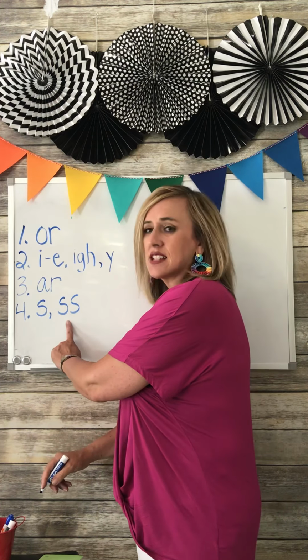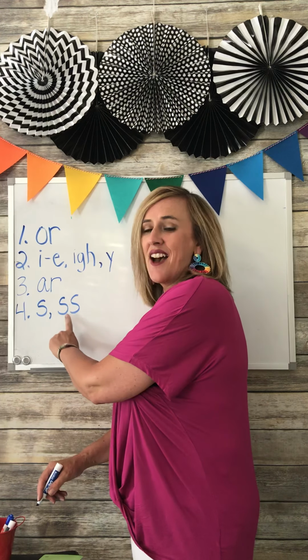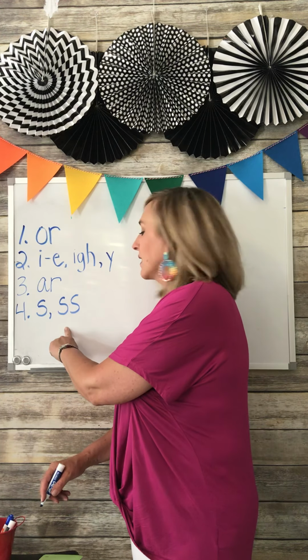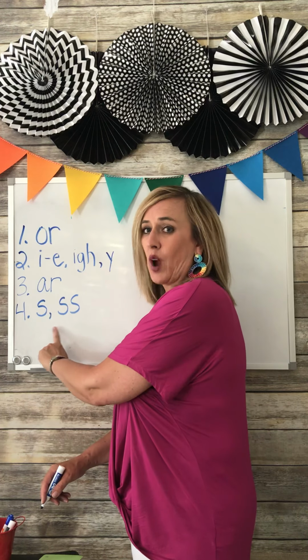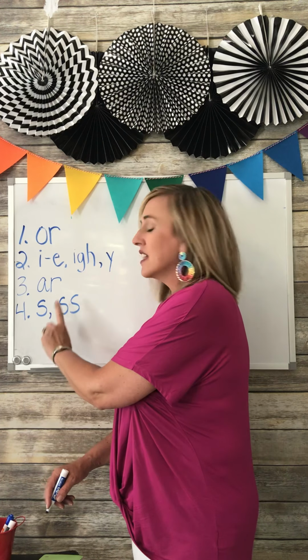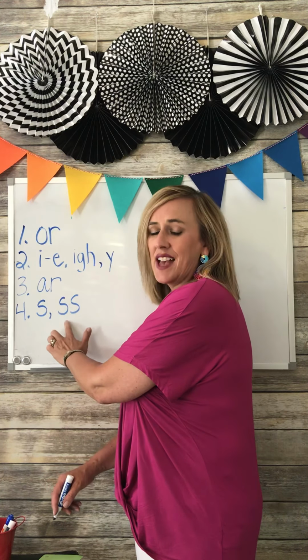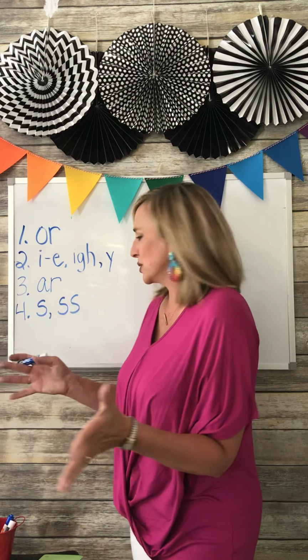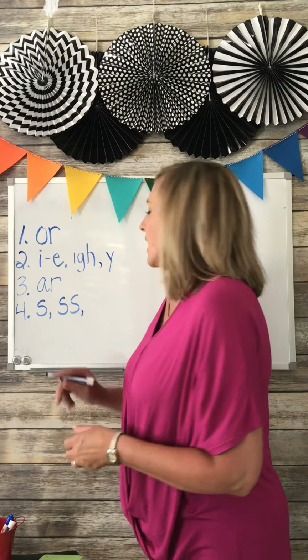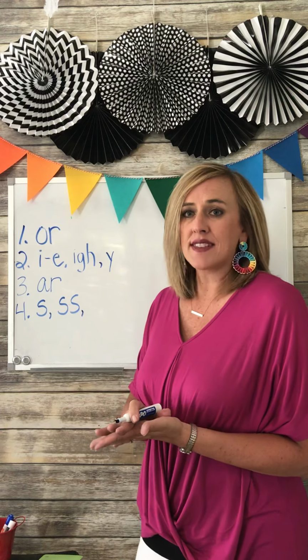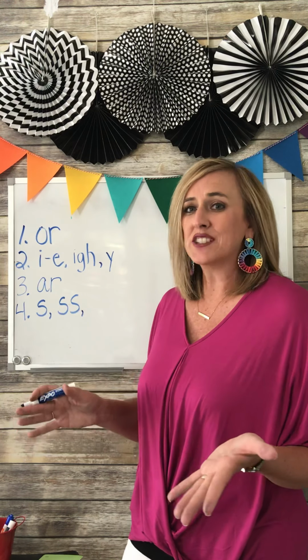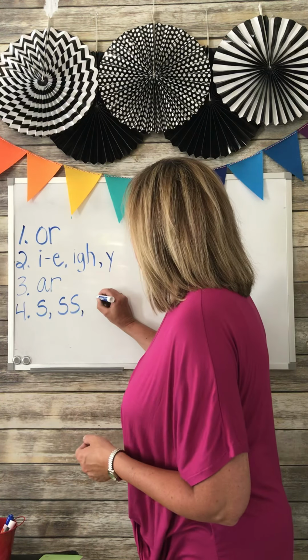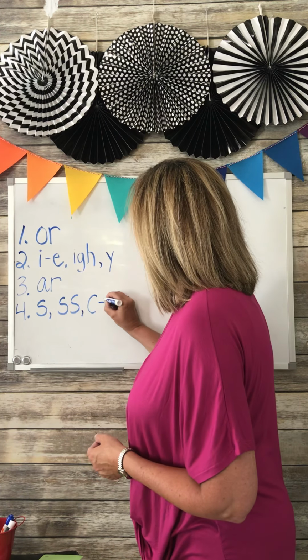If we hear this sound at the end of a 1-syllable word, and that S sound comes right after a short vowel, then we have to double the S, L, or F. That's the floss rule. And then the third way we've learned to make the S sound is with the soft C. Soft C is made with the C followed by the E.